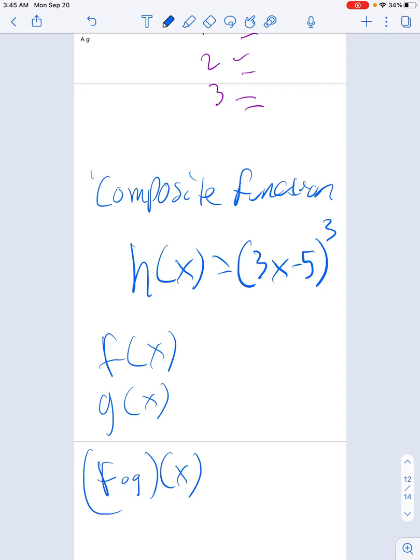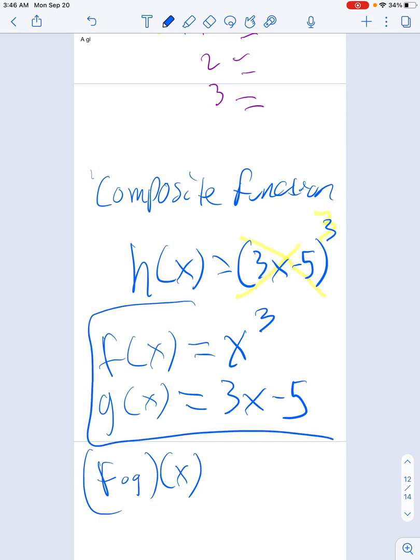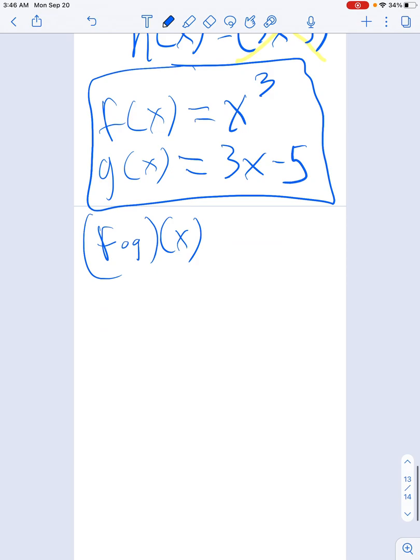So f of x in this function would have to be x to the third. And then g of x would have to be my inside piece, which would be 3x minus 5. So again, I might ask you to work in reverse order. I'll give you the composite function, and you need to be able to work backwards.